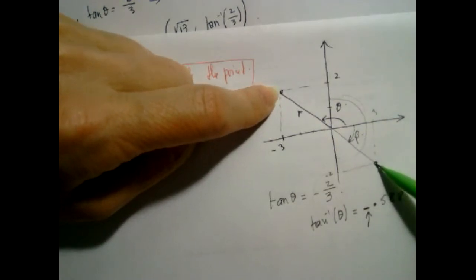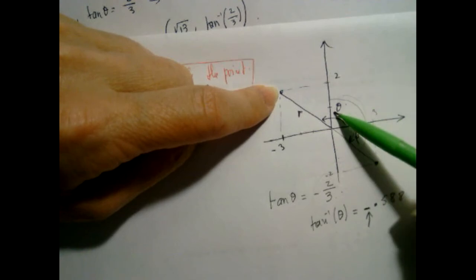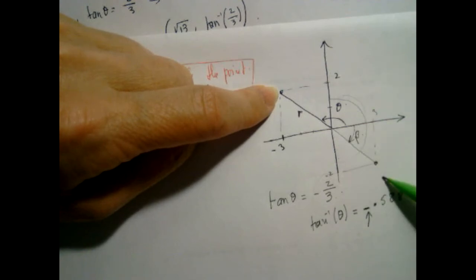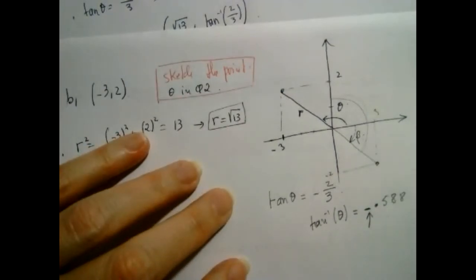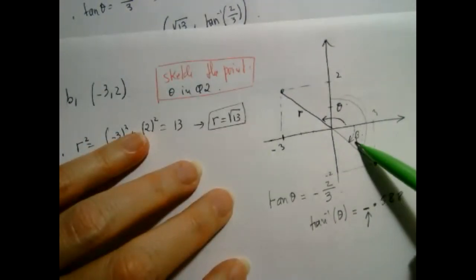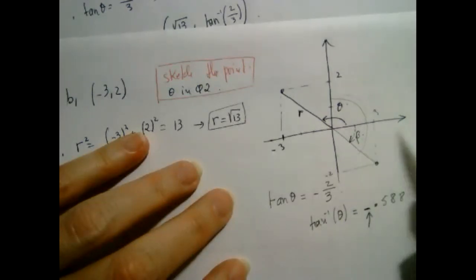Is the tangent of beta the same thing as tangent theta? Yes or no? Yes. Why yes? Both are going to be negative. What's the tangent of beta?